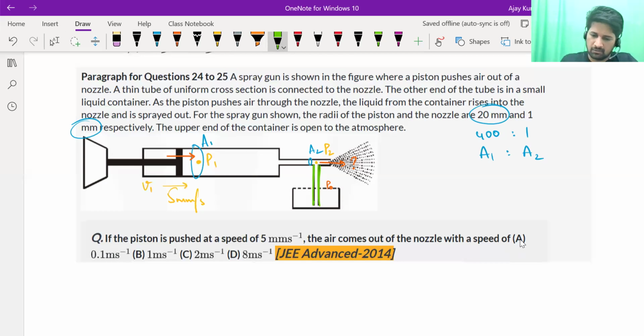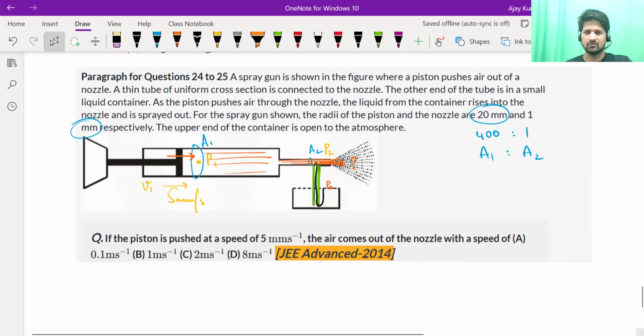Due to that pressure difference, you will see liquid molecules rising up and combining with air. But airflow will happen only in this region. So you can apply the equation of continuity and get the answer directly.